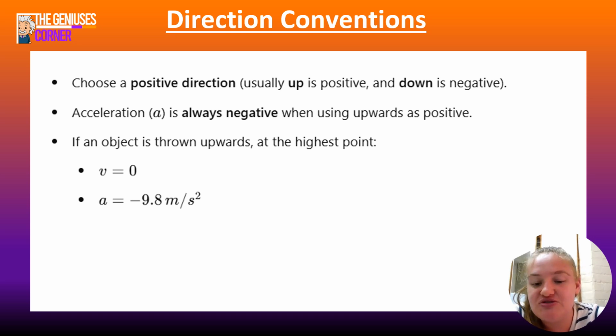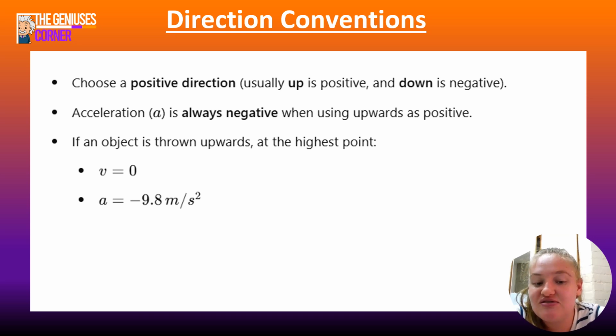Gravity always wants to pull objects down towards the center of the earth, so that movement will be negative. Therefore, you can make a little note that a is always minus 9.8 meters per second squared. And when you use that within formulas, you must always write it with its negative sign.